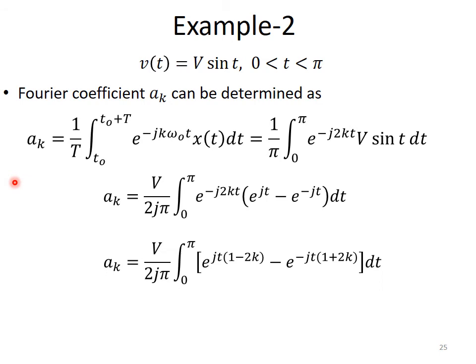From multiplication of these two we have taken jt common, and from multiplication of this and this we have taken minus jt common, right? Now we can take the integral of this one and substitute the limit, minus integral of this one and substitute the limit.